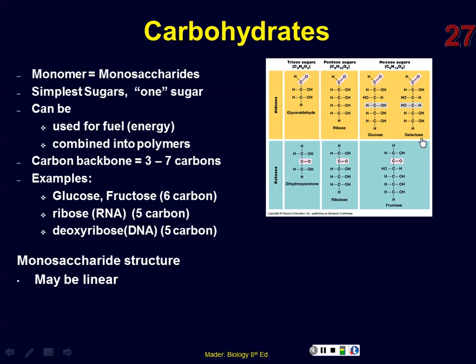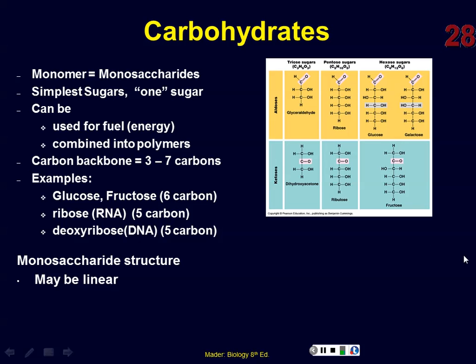So we can look at them linearly, or sometimes when we are looking at illustrations of molecules, they show the sugar as it would be structured in an aqueous solution. What does that mean? In water. That's exactly right. And you're how much water? 70 to 90% water, right?